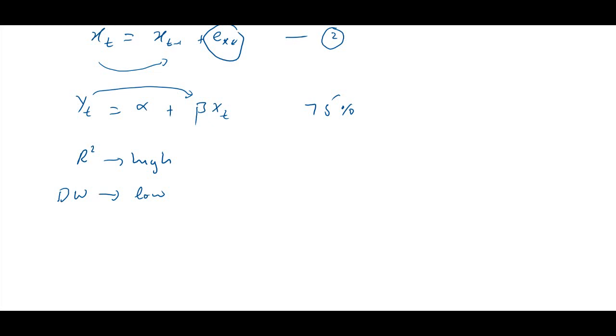To the level that the R square was usually higher than the DW statistic. So this was a kind of problem that they had identified.